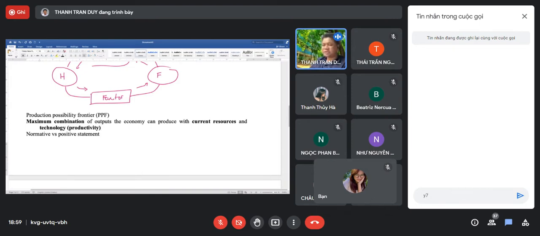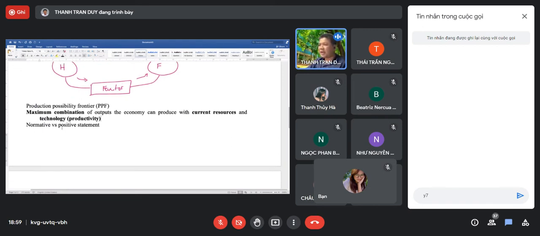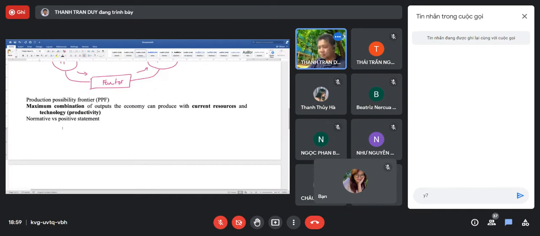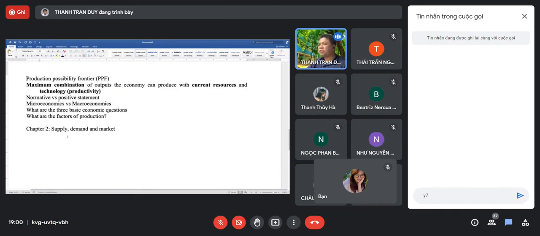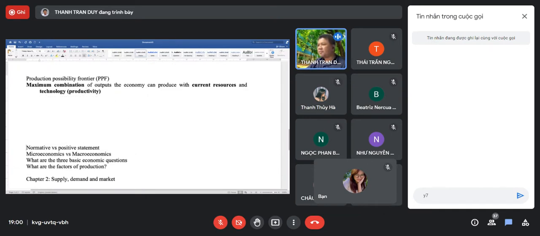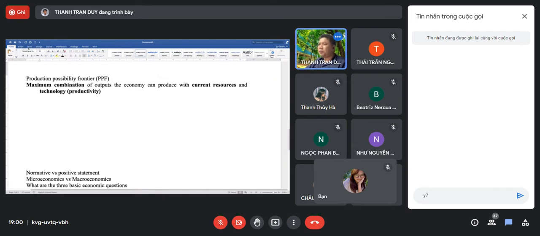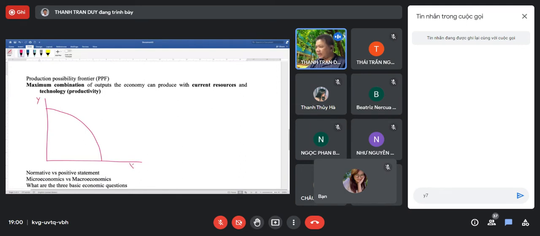So with current resources, productivity and technology, how many products can we produce? So PPF shows the maximum combination of output we can produce, right? So the block Y and X, this curve they call PPF.